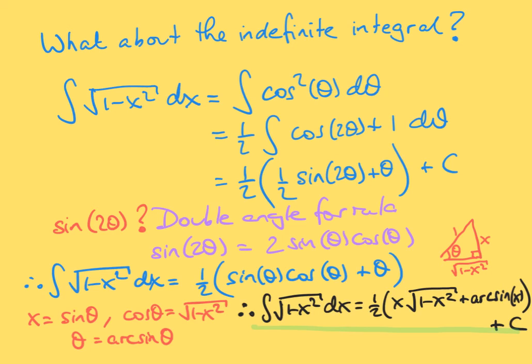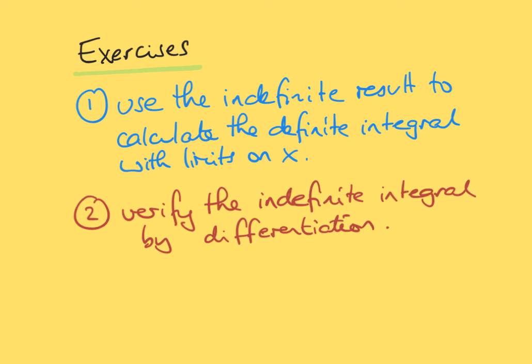So on the next slide, I'm going to give you a couple of short exercises to look at. So the first exercise is just to use our result for the indefinite integral to calculate the definite integral, but now not having limits in terms of our new variable theta, but using limits with x, and again you will obtain pi over 2.